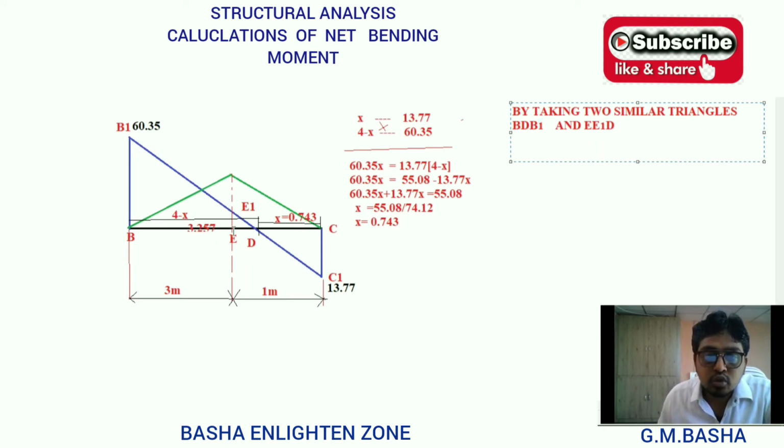By taking these two similar triangles, I will find this distance. Then your ordinate point will be very easy to calculate. So see here.